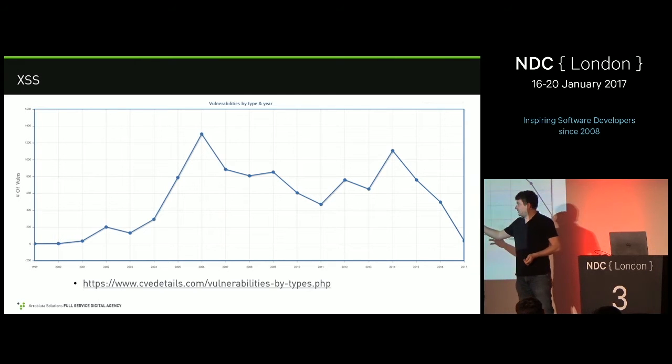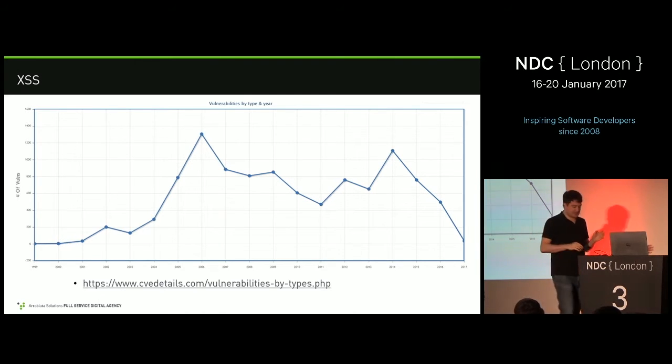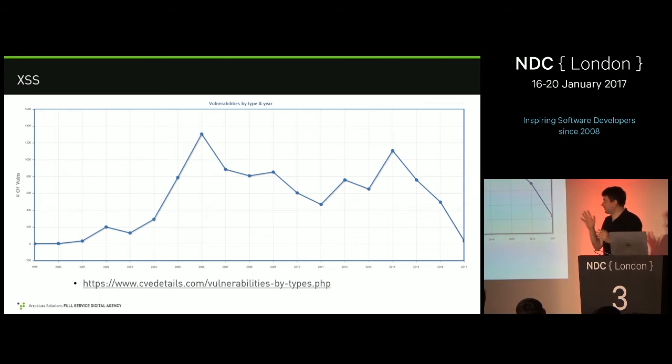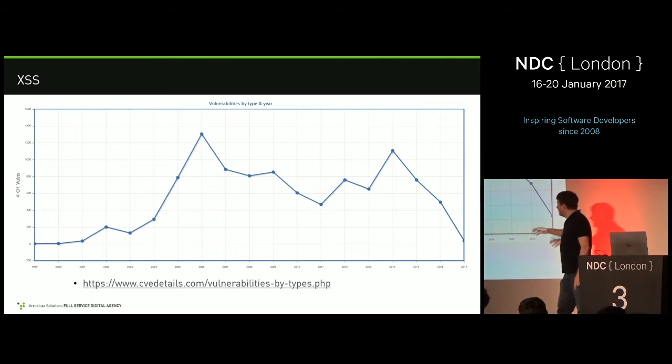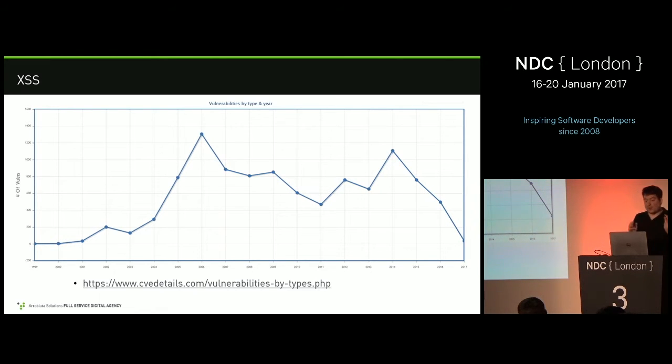This is a website that enumerates CVEs and which kind of security vulnerability is behind them. It shows that cross-site scripting goes up, it goes down. It goes down quite a bit at the end, but this is 2017, and if you look closely, that's more than 0, right? Only 3 weeks in, and we still had cross-site scripting vulnerabilities. So it still is a major threat.